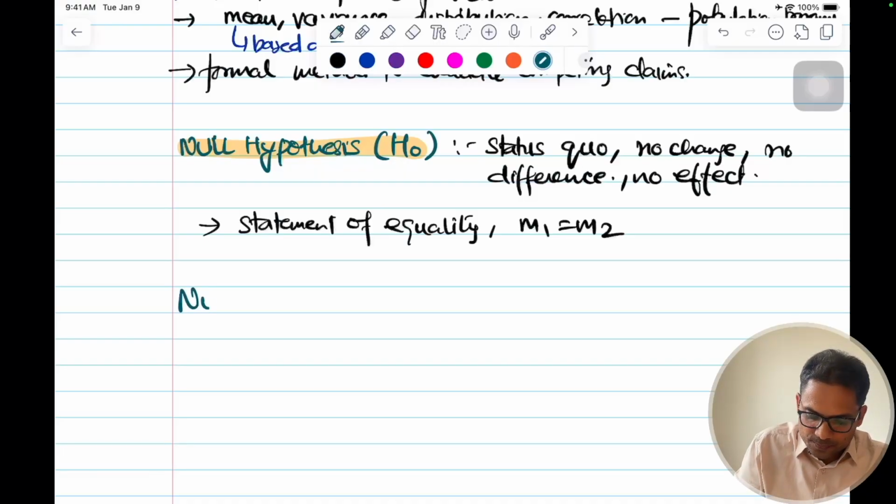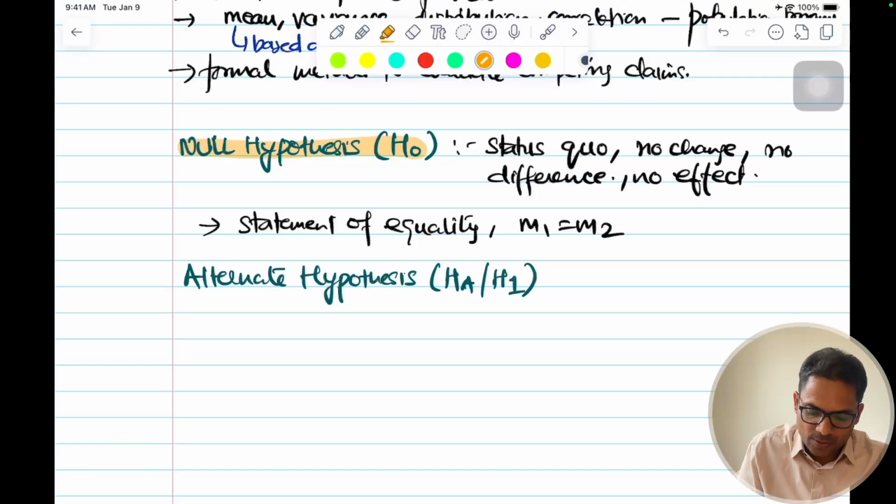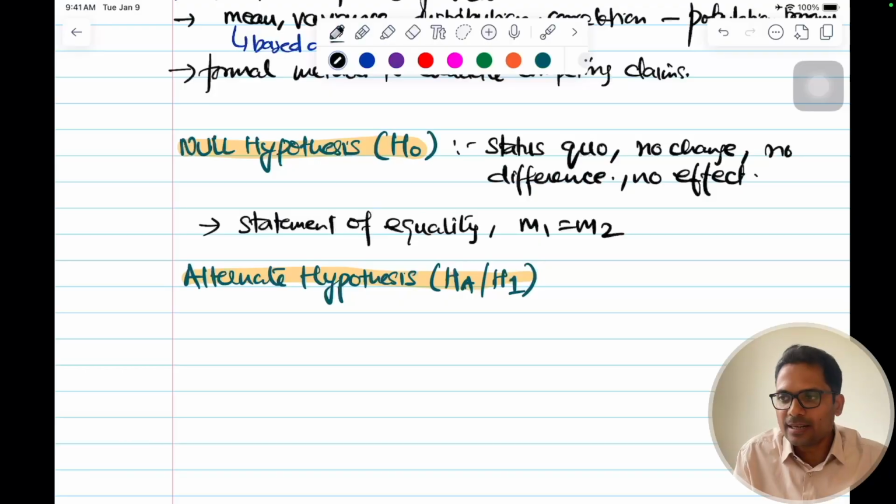Then we have the alternate. So one is null, nothing has changed, and there's an alternate hypothesis, which is called HA or H1. Instead of 0 we write 1, or we say HA. A is for alternate, that's the subscript. This is how we note it. So this says the just the opposite: there was some effect, there was some change, there was some difference.